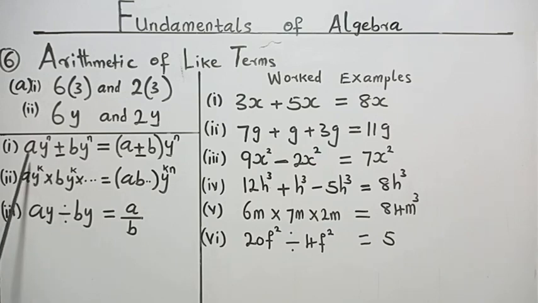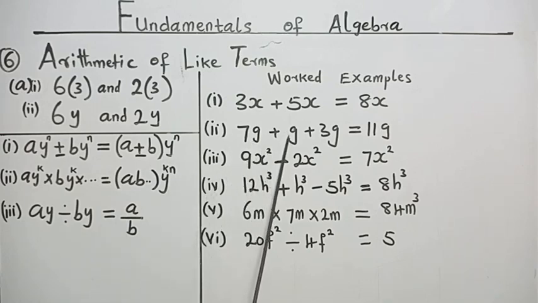It is not compulsory that the number of like terms you have to add is just 2. But just know that this second example tells us that it is not just 2 numbers we have to add if they are like terms.